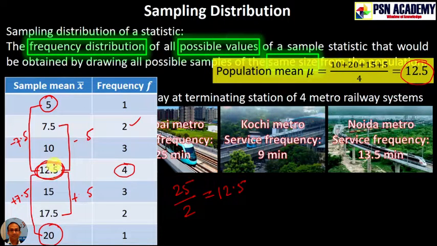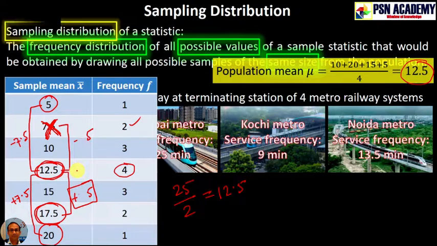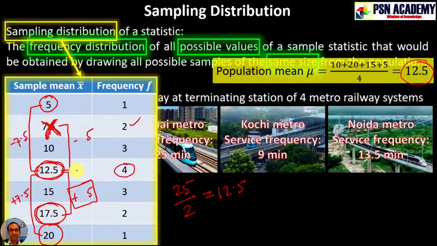On the contrary, if you skip any of the sample means from here, suppose you skip this 7.5, then this 17.5 will have a deviation of plus 5, and there will be no one to compensate for this plus 5 on this side, right? And that will create an error, right? So this sampling distribution, which we have in hand in the form of a frequency table, is our sampling distribution.